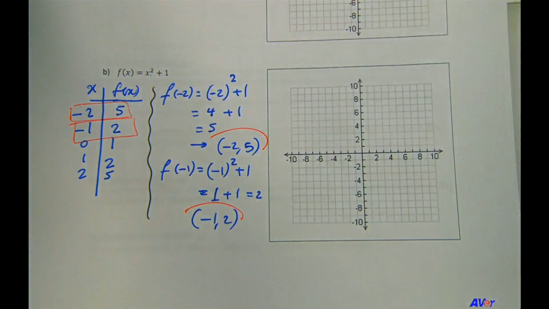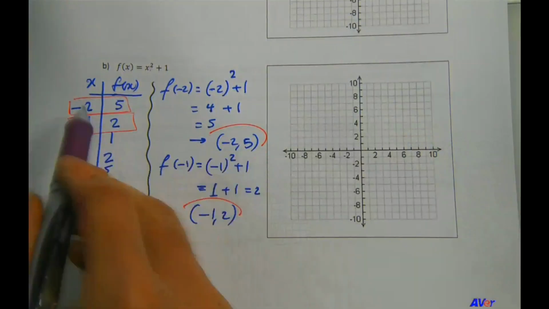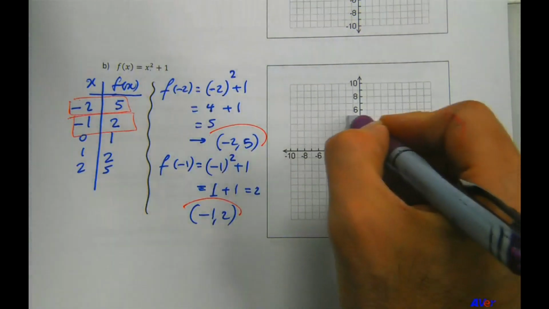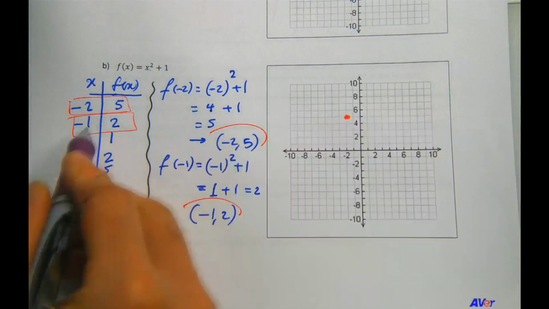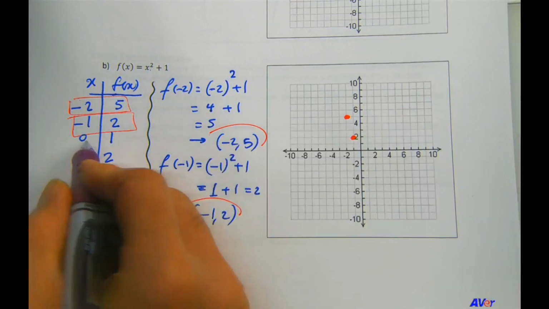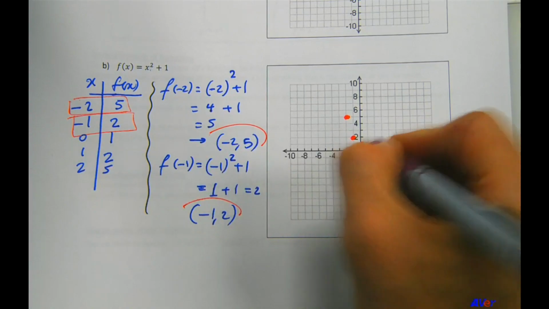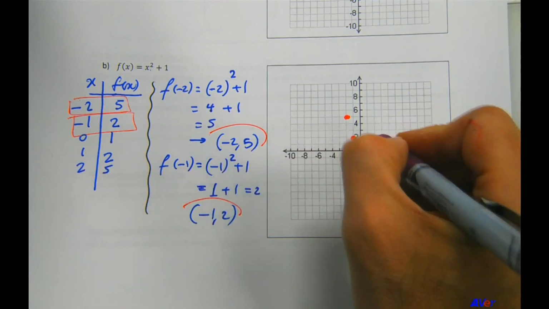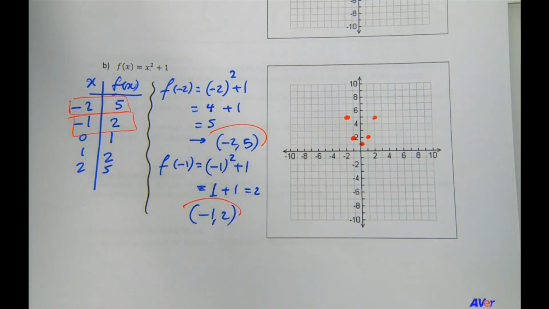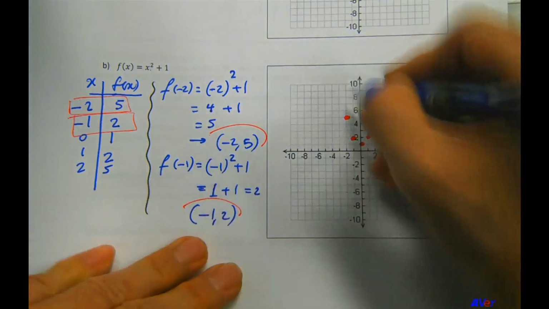So let's plot these points. Negative 2 comma 5 is here. Negative 1 comma 2 is here. 0 comma 1 is here. 1 comma 2 is here. 2 comma 5 is here. So you can clearly see a pattern emerging, right?